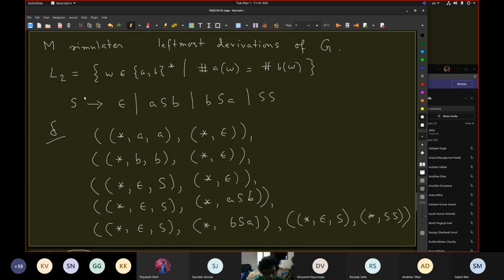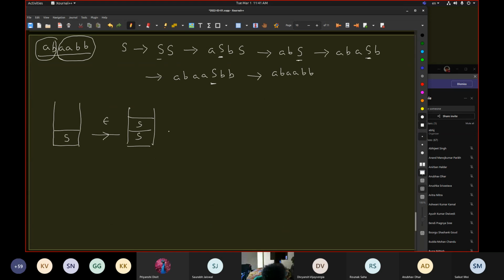And you see that this machine also has the option of replacing S by ASB. So let the machine do it. This is again an epsilon transition. This upper S is replaced by ASB.